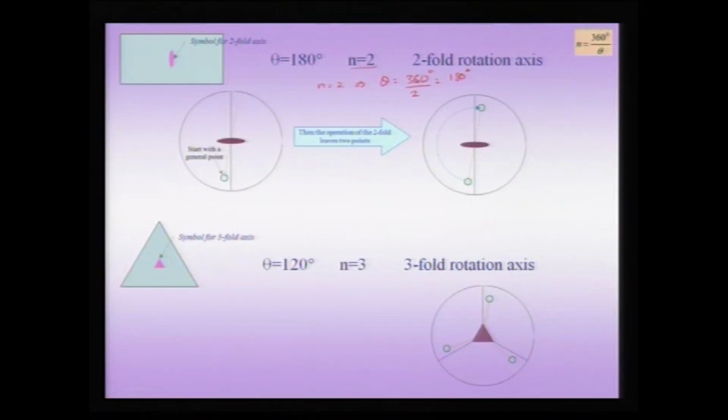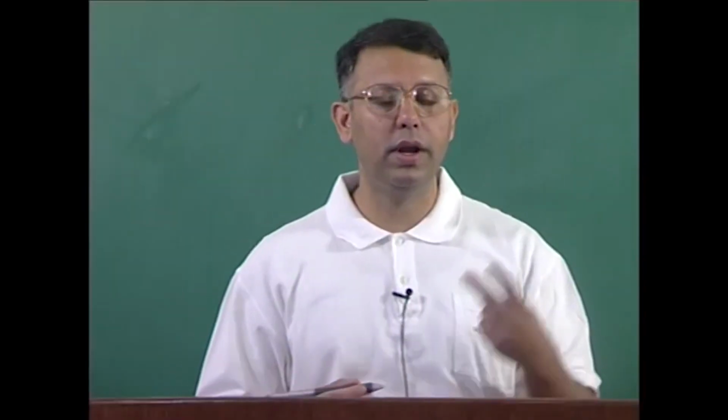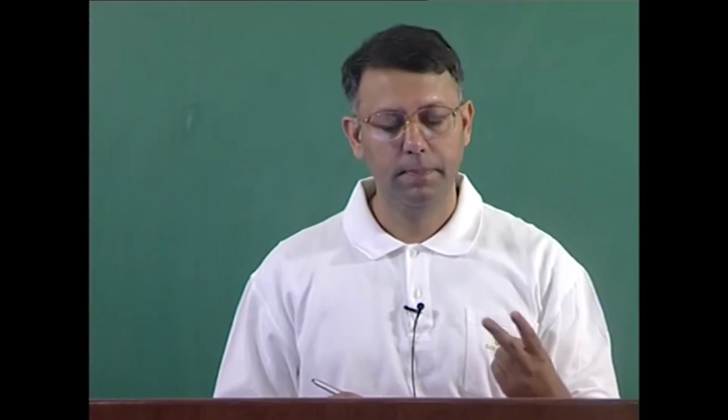It rotates this point and takes it to this point. So, I start with point 1, it produces point 2, and a further action of that finally closes space on itself and comes back to 1. Therefore, irrespective of how many times this rotation axis operates, it is going to leave only 2 points in space, and this is an important point to be noted.